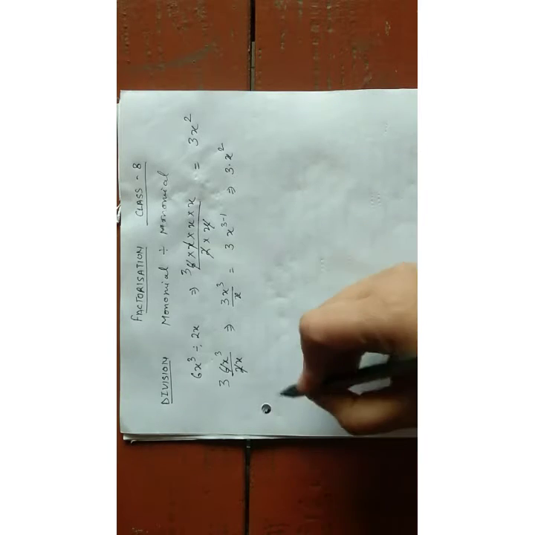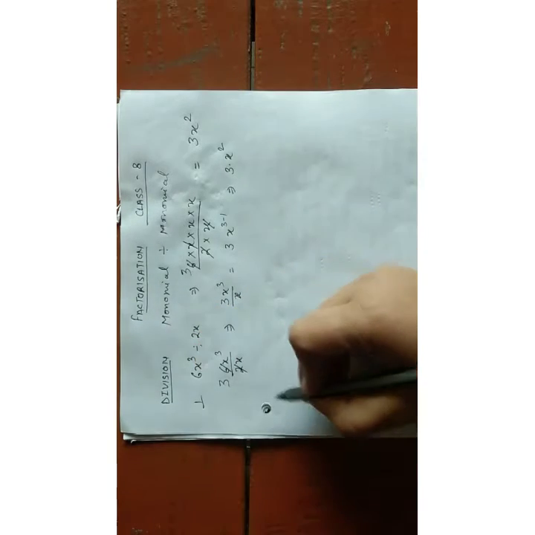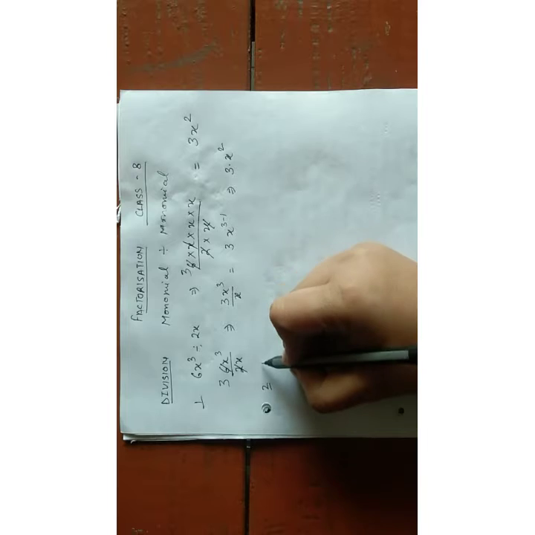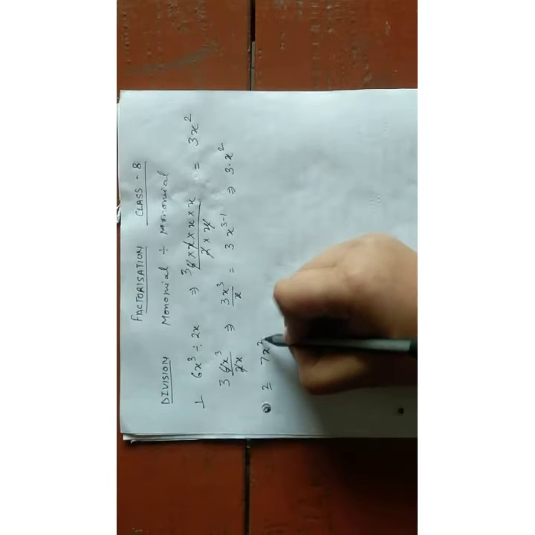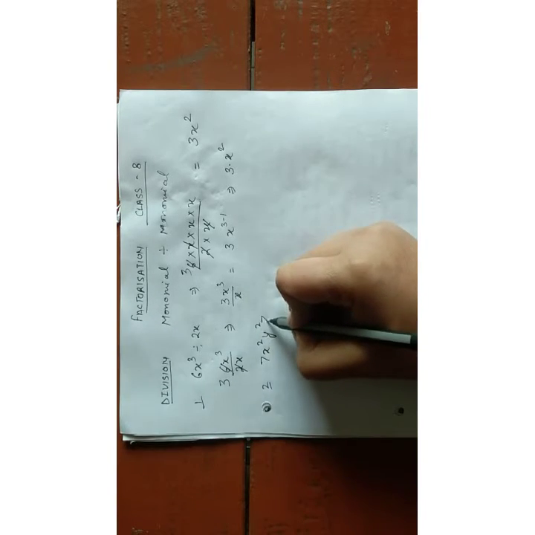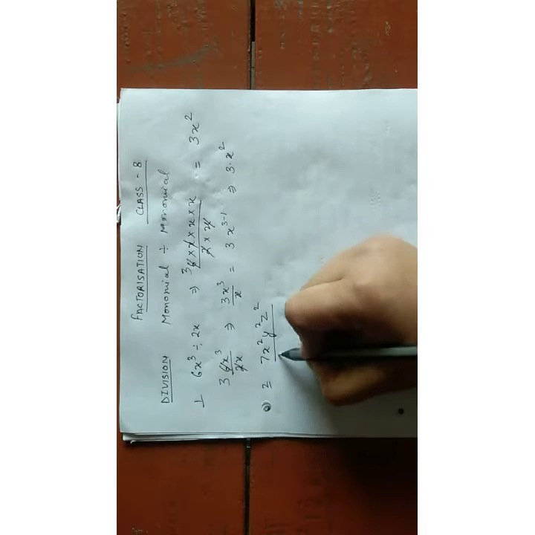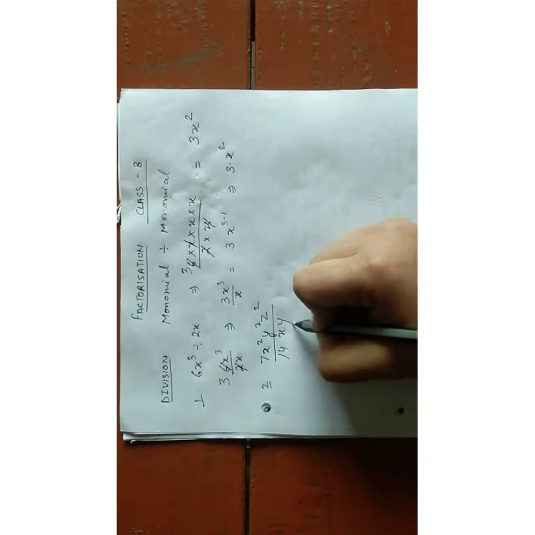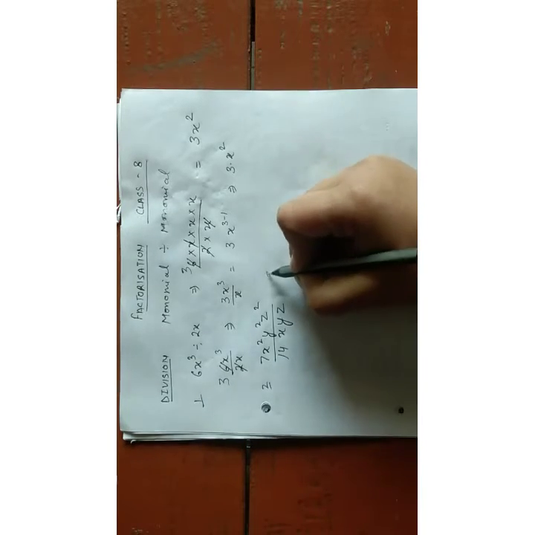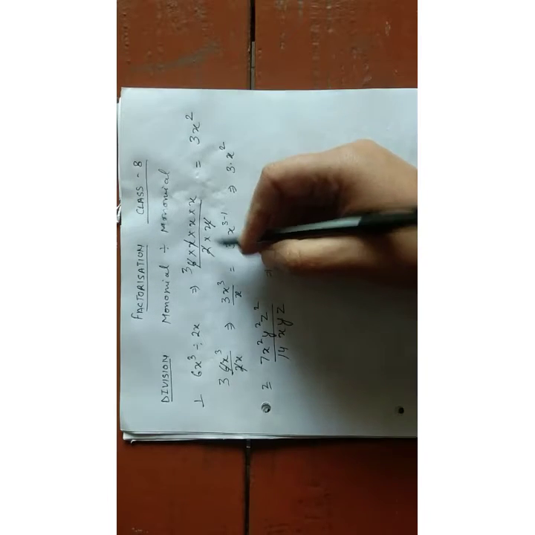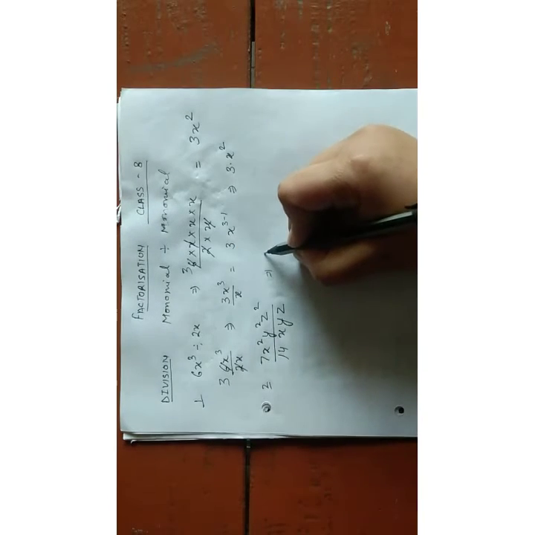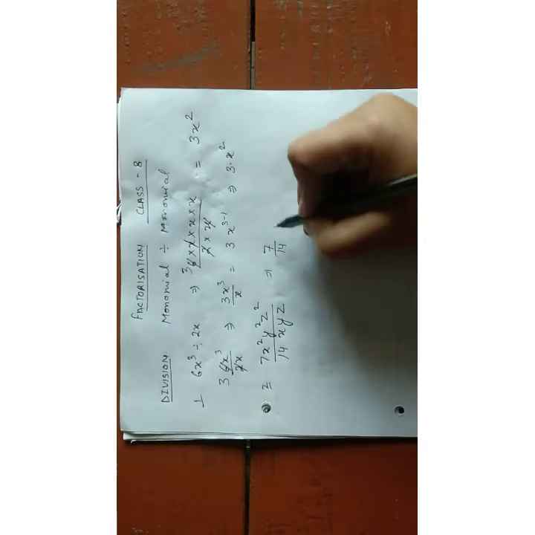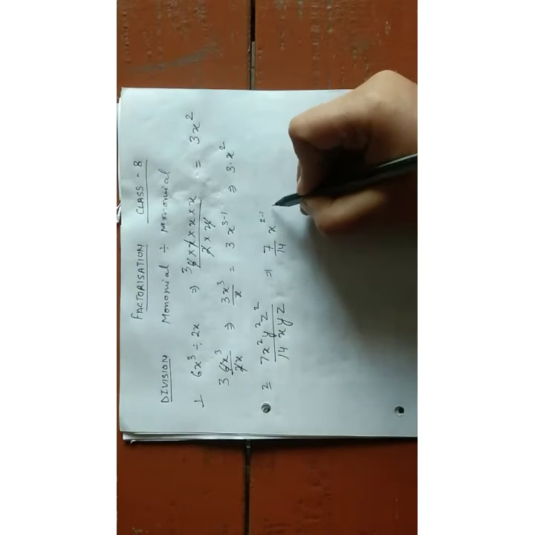Okay. Let us see one more example. We have 7x square y square z square, and this needs to be divided by 14xyz. So simply write it in the irreducible form and cancel out, or you can use the method that you find easier.